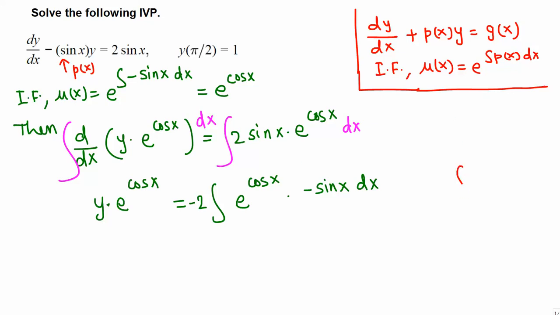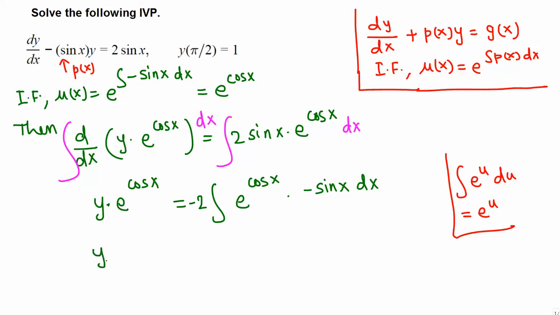Let's look here, and we know the integral of e raised to u du is just e raised to u. So e raised to u, and the derivative of cosine is negative sine x dx. That's the du part. Okay, only the negative sign was missing, negative 1, and we multiply by another negative 1.